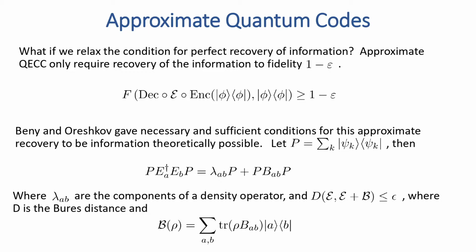Bény and Oreshkov gave necessary and sufficient conditions for this approximate recovery to be possible in an information theoretic sense. These conditions are written here. We're not actually going to use these in this talk. You may be familiar with these.